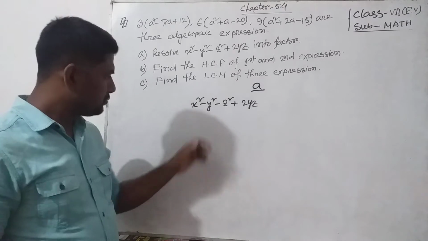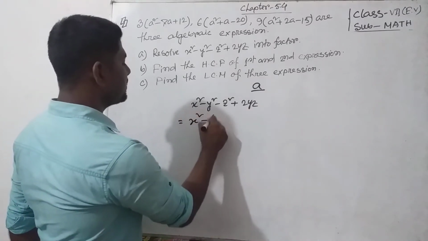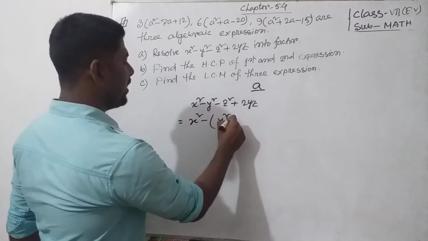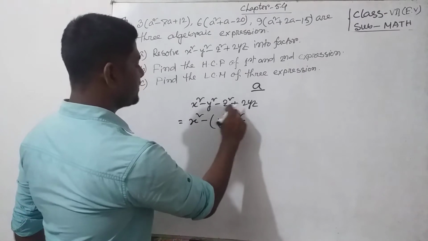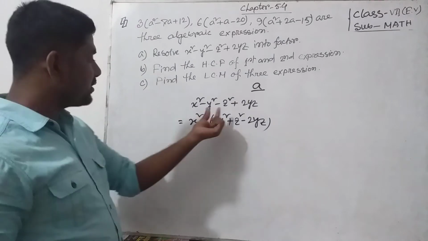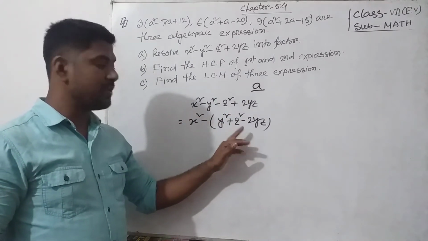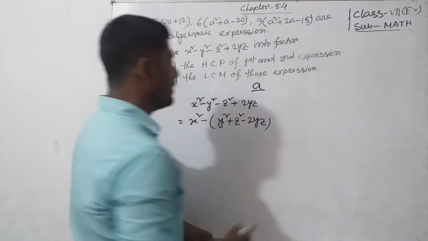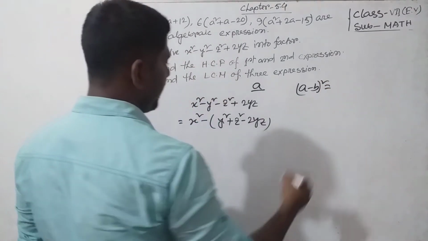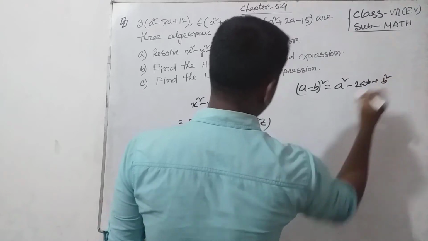Now we can write it x square minus y square minus z square plus 2yz. Now if I take minus common from the last three terms, then what do I get? y square plus z square minus 2yz. We know a minus b whole square equals a square minus 2ab plus b square.